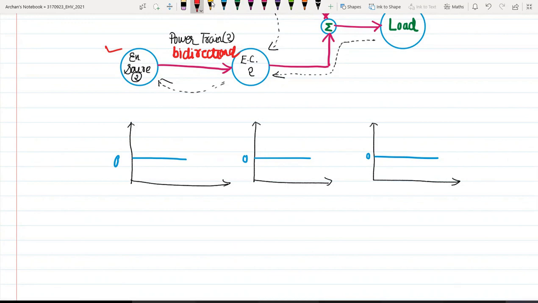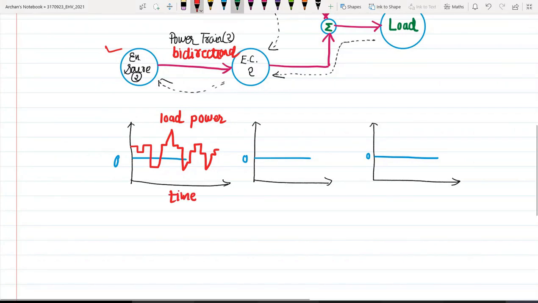Now the load power requirement may be different like this, depending on our road conditions or traffic conditions. So this is our load power and it is plotted against time.